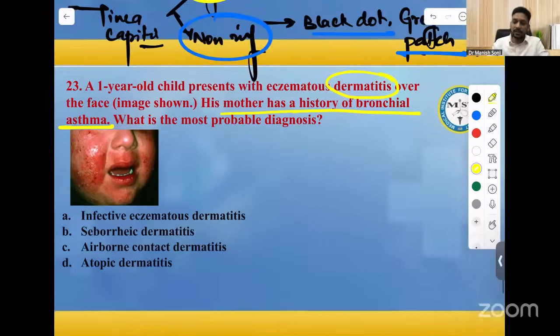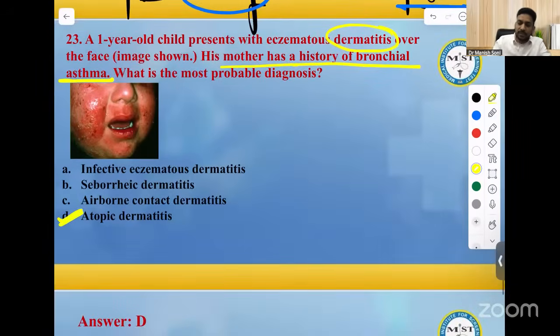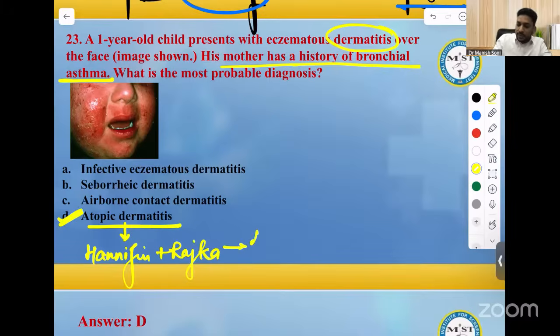Answer is very clear. Answer is atopic dermatitis. Why? Because in the diagnosis of atopic dermatitis, these two scientists, Hanifin and Rajka, gave the major criteria.